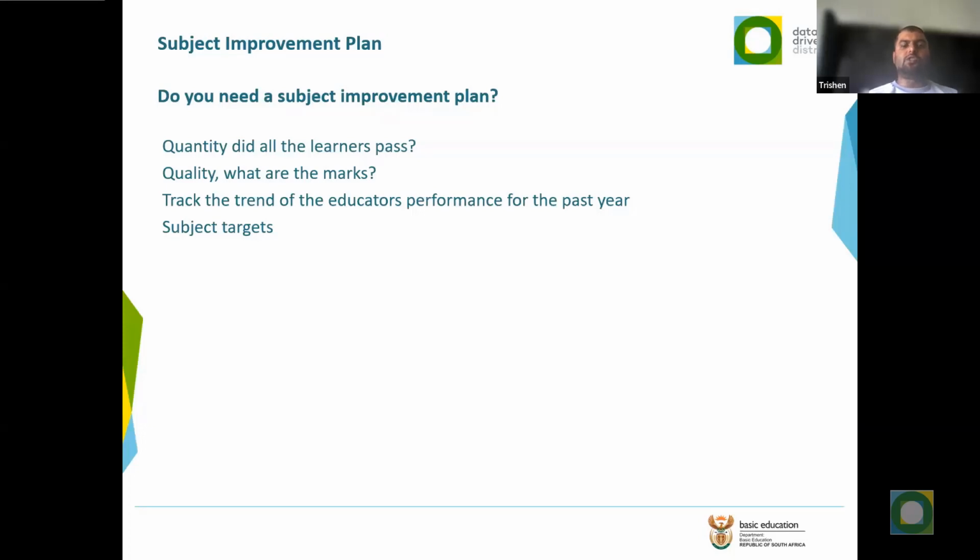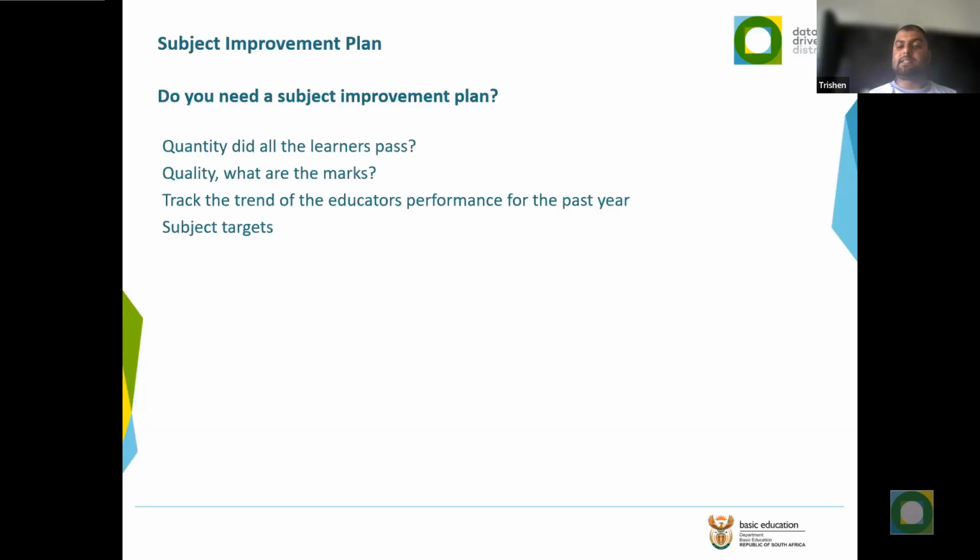And it's important to note that when we draft subject improvement plans, we are drafting these plans per subject, per grade. So Mr. Maraj cannot say, I'm teaching grade 4 maths and grade 6 maths, and then compose one subject improvement plan, because those are two separate subjects in separate grades with different learners seated in front of you, as well as the content.